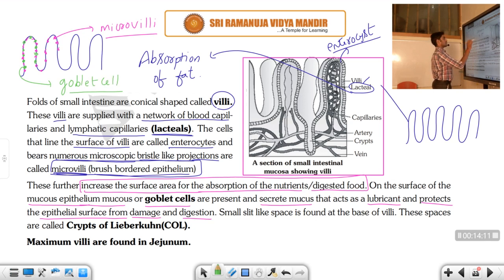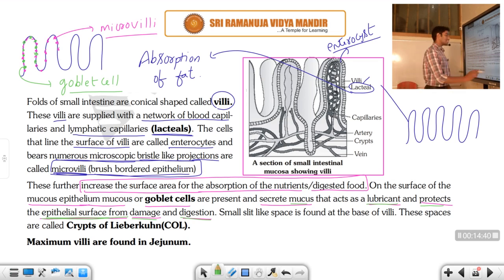What is the purpose of the goblet cell? It secretes the mucus, which acts as a lubricant and protects the epithelium surface from damage and digestion. Generally the epithelium is a brush border epithelium, so the goblet cells secrete mucus to protect it from damage and digestion, right student?